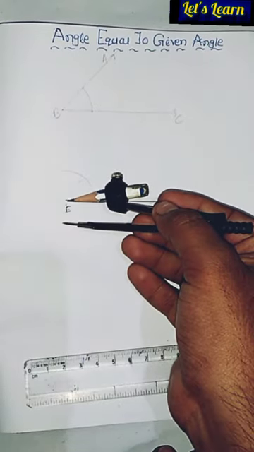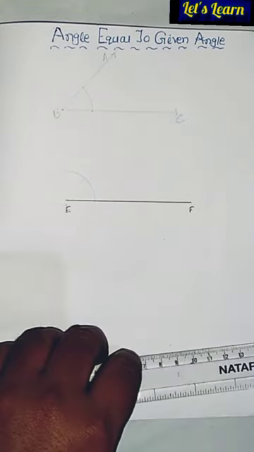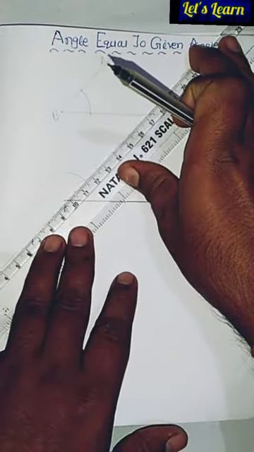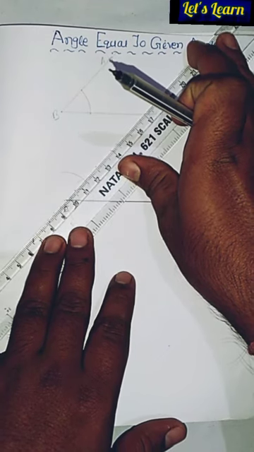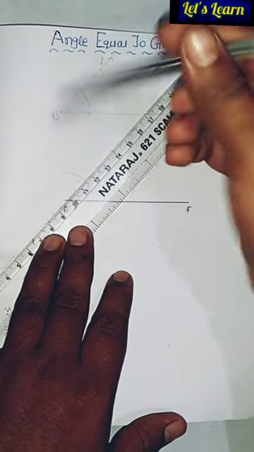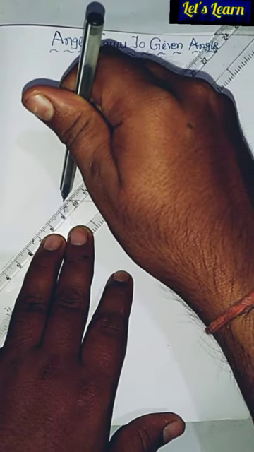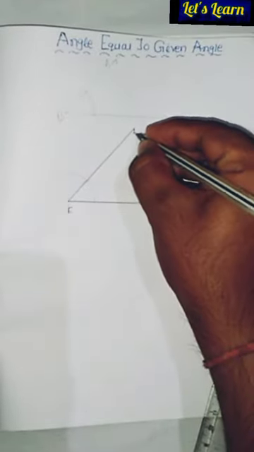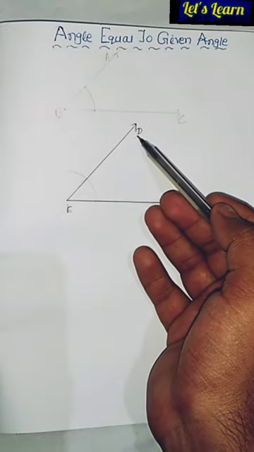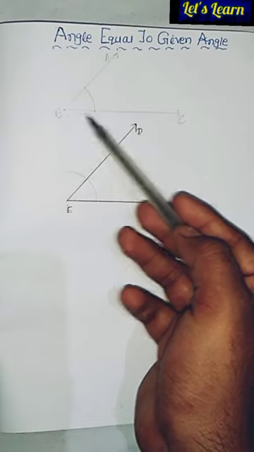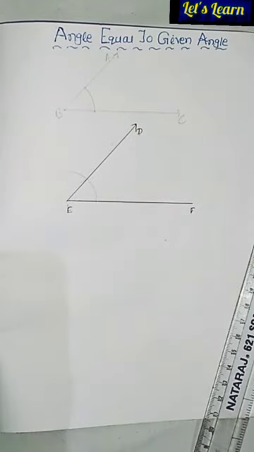Join this point with E. If we name it D, we get angle DEF exactly the same as angle ABC, the carbon copy.